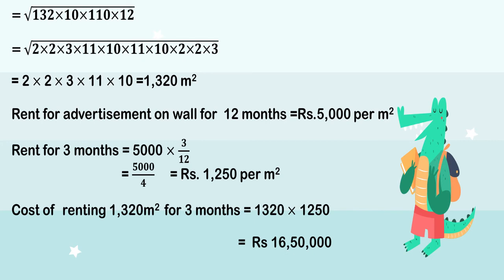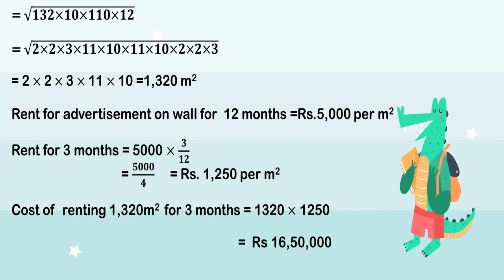Now I have to calculate the rent for 3 months, meaning I will multiply this number by 3. 5000 divided by 12 and multiplied by 3. Okay, so what will my answer be? 5000 divided by 4, which is equal to rupees 1250 per meter square. This value is per meter square. Meaning if I rent 1 meter square area, this is the amount I have to pay for 3 months.